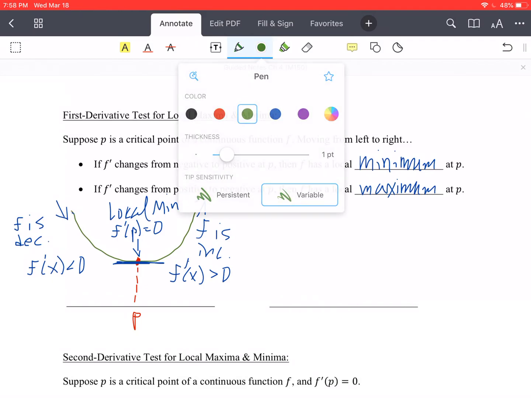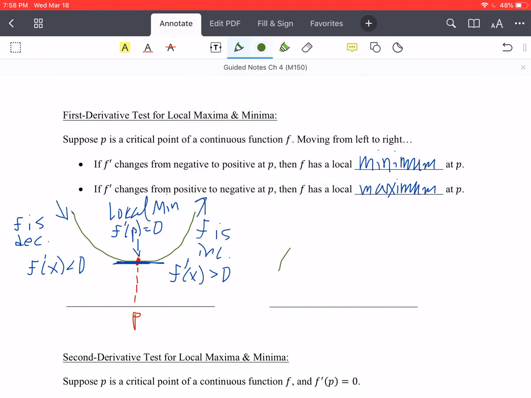Now, if we look at the other case, we have a graph that looks like this. This is still our point P, but this time f is increasing over on this side, so f prime is greater than 0.